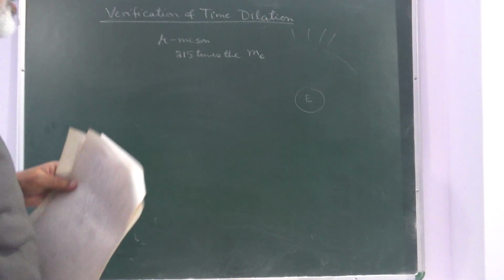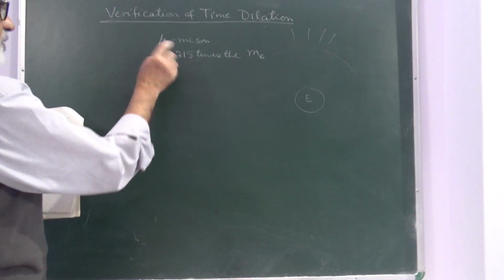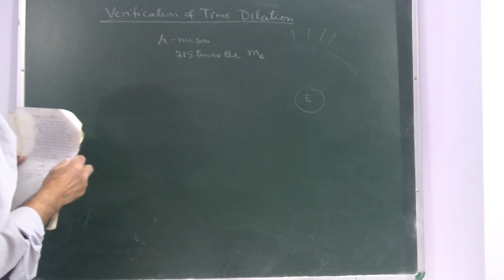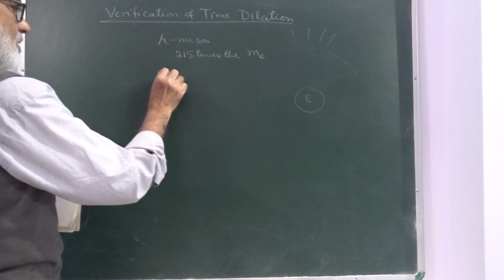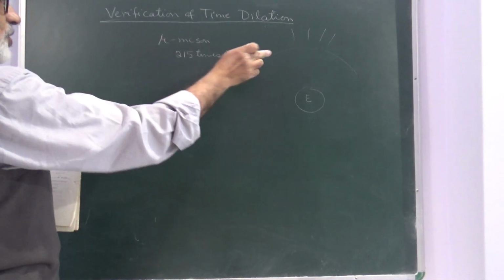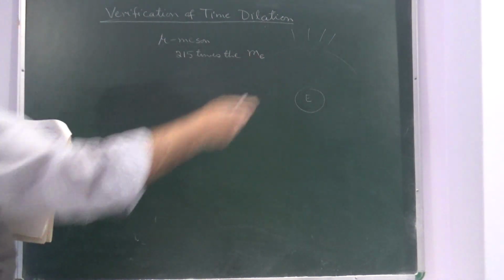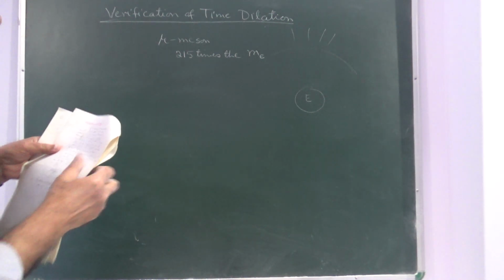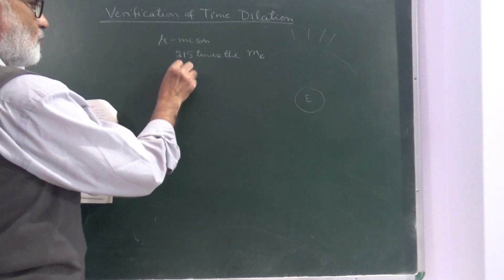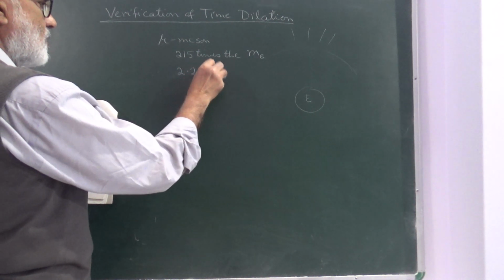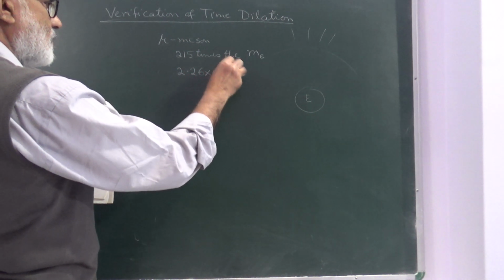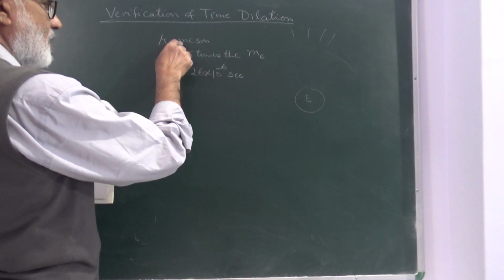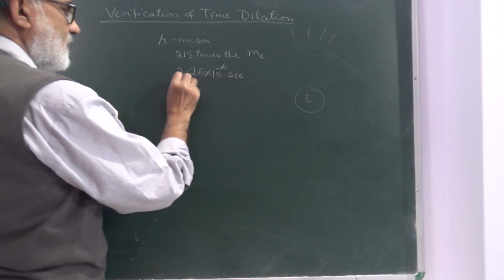This mu meson decays into an electron and neutrinos. The lifetime of this particle is 2.26 times 10 to the power minus 6 seconds, meaning it is created and decays within this very short time.